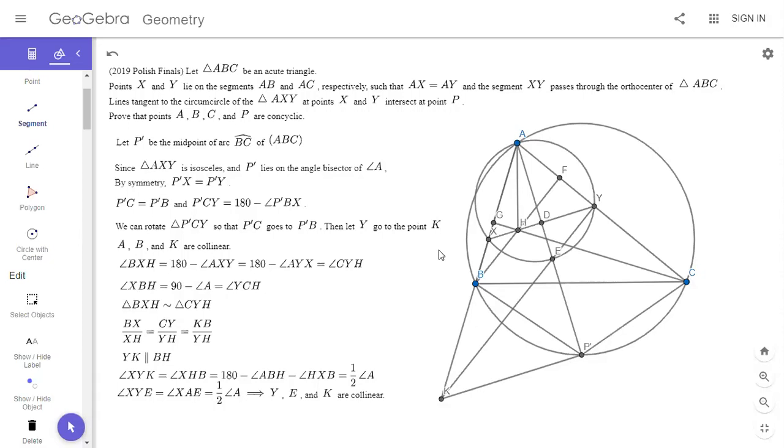So hold on just a sec. So that means, so we're trying to show KXY is similar to A prime XP. We know one of the angles are similar.